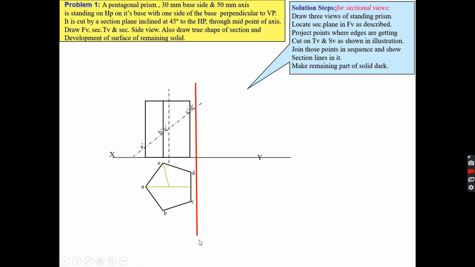The same way as I told you, you can draw a line like this, and from all the points you have to make the projectors like this. After doing that, you have to make the line at 45 degree, and from this point you have to draw a vertical line like this, and from these points you have to draw the projectors like this. Or in the other way, you can also draw a line at 45 degree from the XY line.